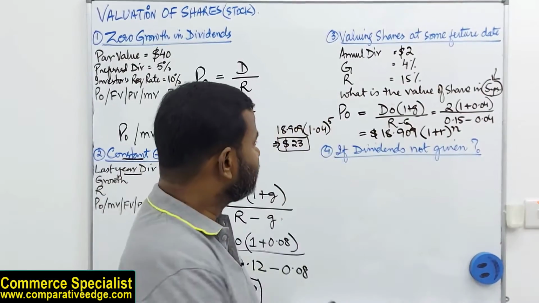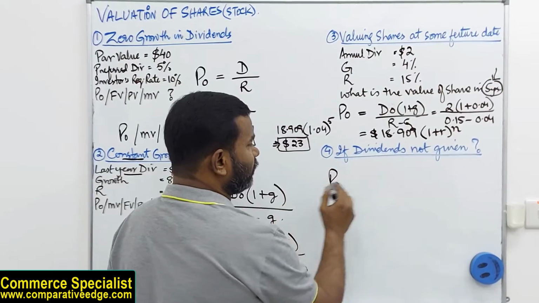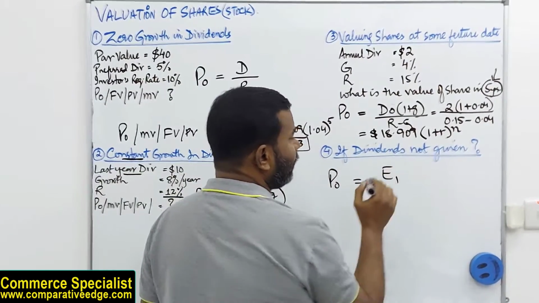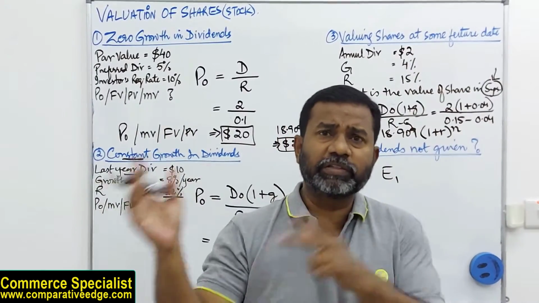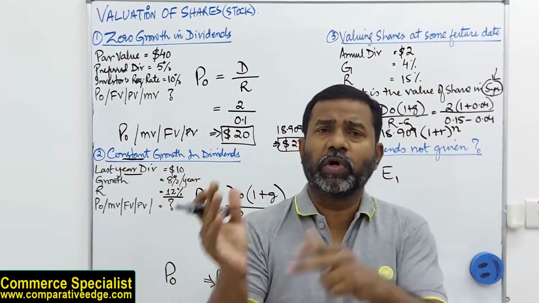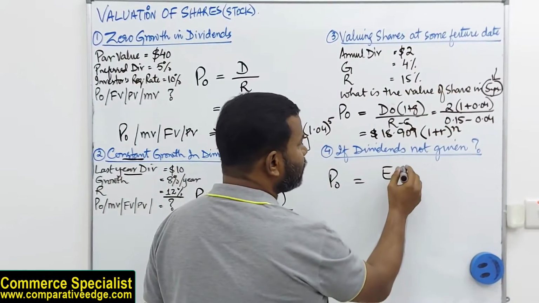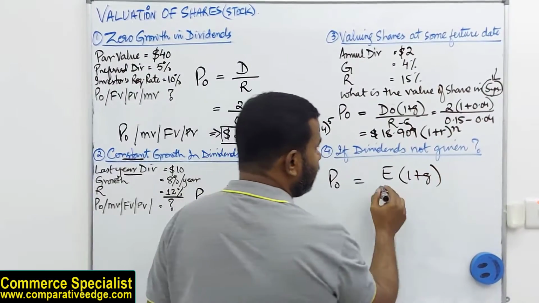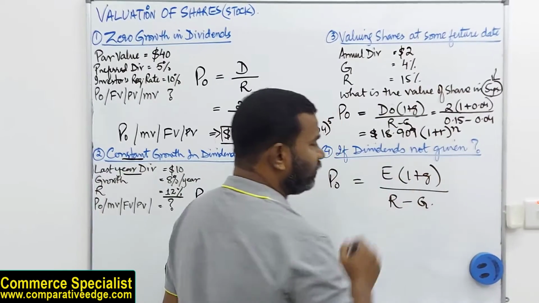The only thing is we use the present value of share formula, but instead of dividend, we take earnings per share. So if last year's EPS is given to us, and if it is growing, then last year's EPS into (1 plus g) will give you E1, or you can take EPS of last year into (1 plus the growth rate for EPS, not dividend), whole thing divided by the investor's required rate of return minus the growth rate.